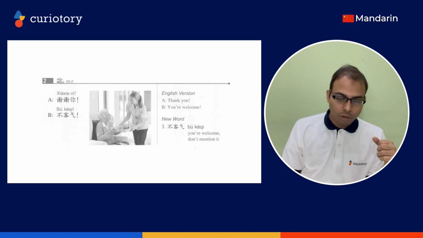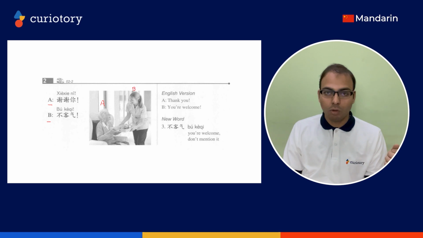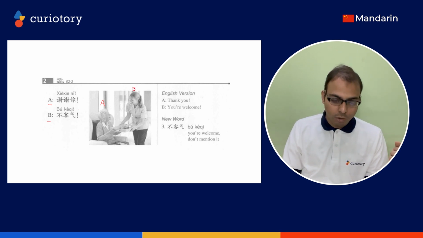So in this conversation there are 2 people, A and B. A is the old lady. And B is the young woman. And the young woman is offering something to eat to the old lady, and the old lady is saying, xie ni.